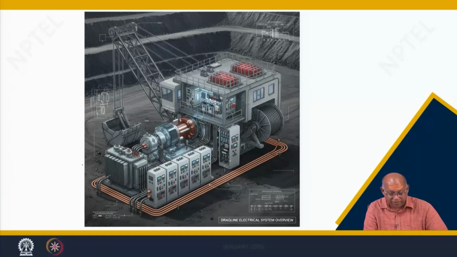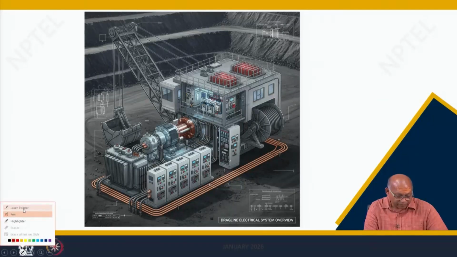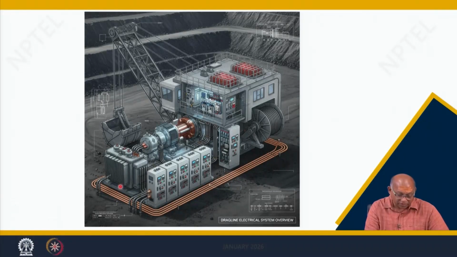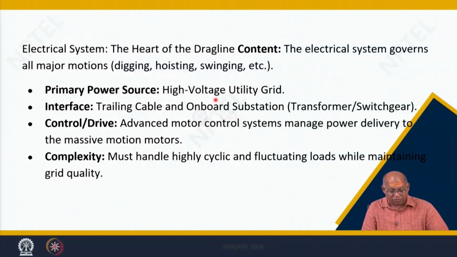There is a transformer here, you can see this is a transformer. I will use the laser pointer. So, this is a transformer, the motor, and there are a lot of converters. This is briefly an outline from a picture which I have generated. This is not copyright protected. So, let us get into more.